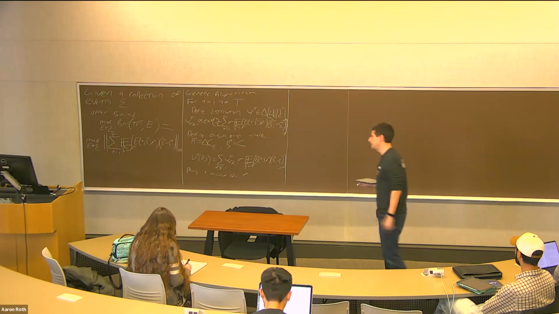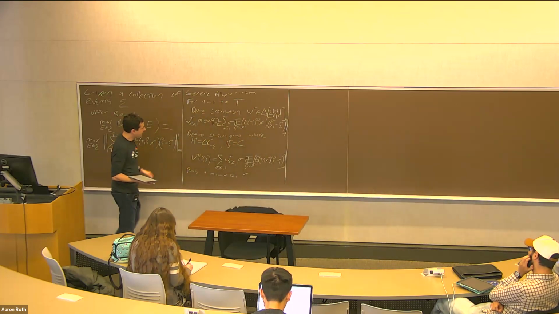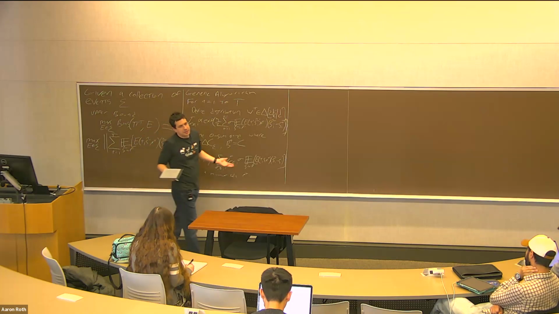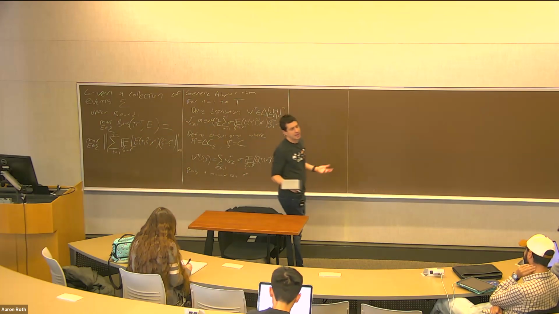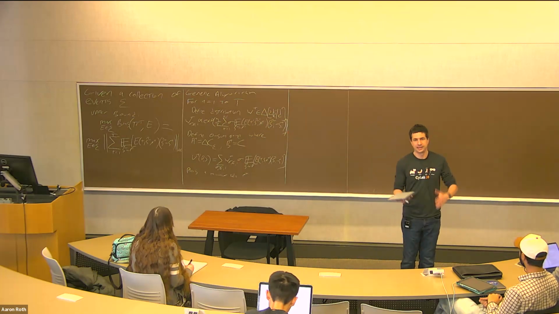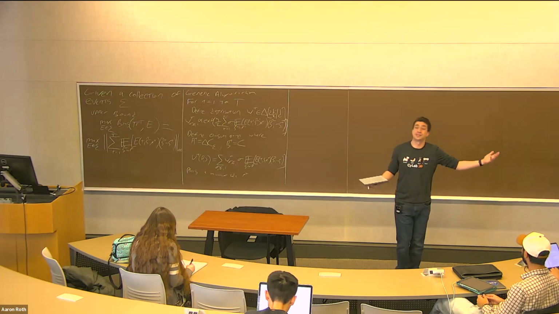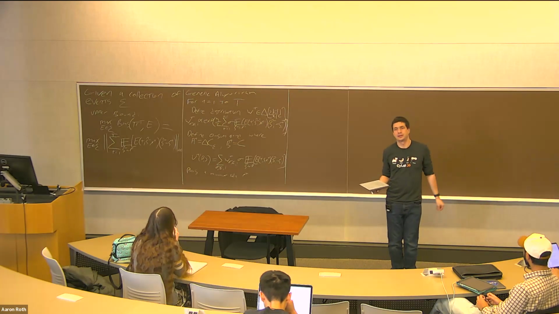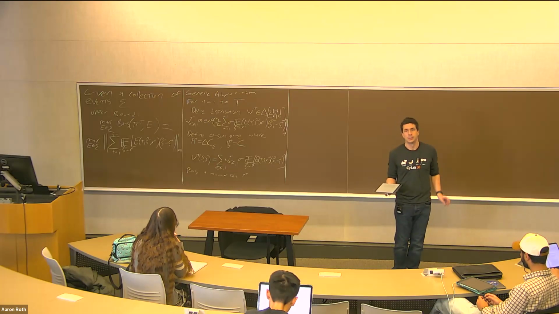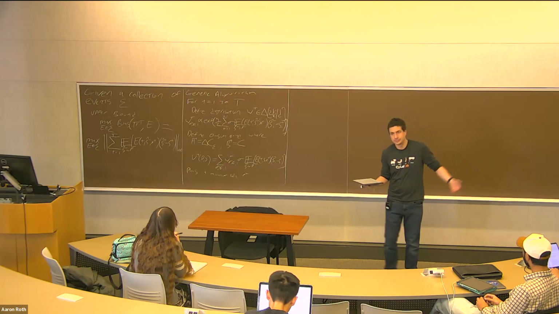Okay, and the difficulty here, the reason why we can't just do this, is because in general, if I have a zero-sum game with m actions for the learner and n actions for the adversary, I could write down an m by n linear program and solve it to find a minimax solution, or I could run a no-regret algorithm for both players and find a minimax solution. But both of those things would have running time that scales with m and n.